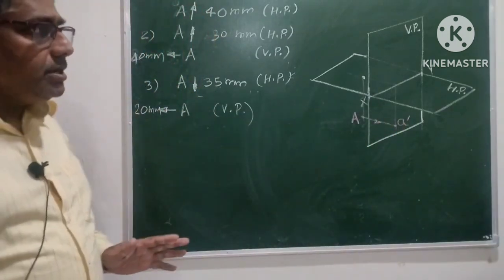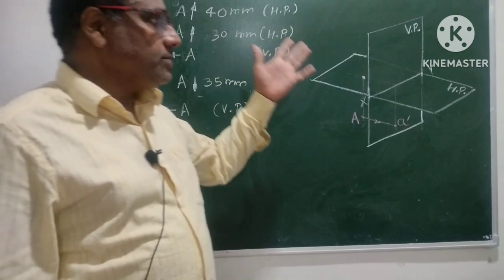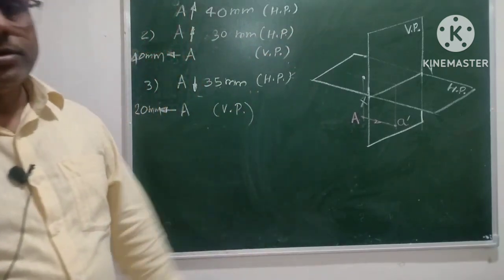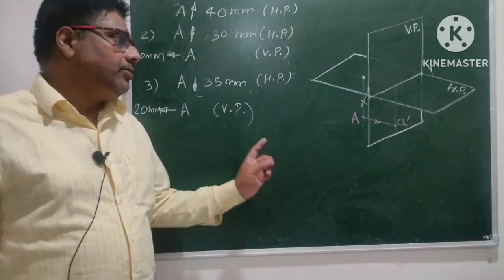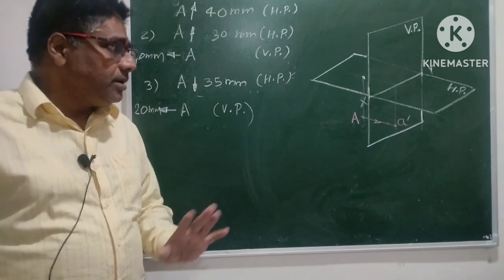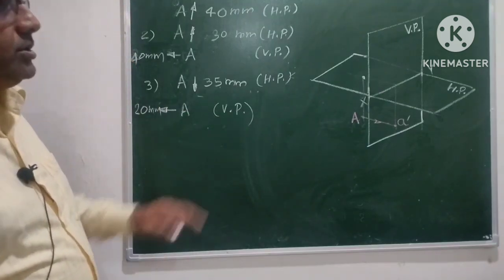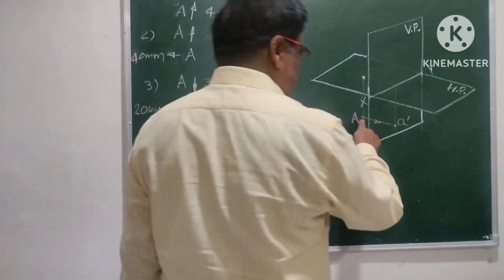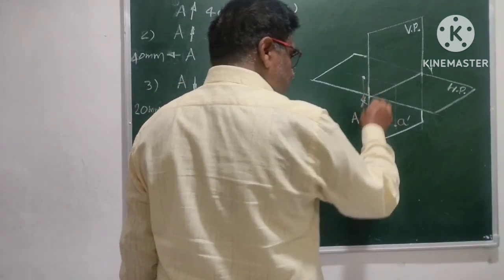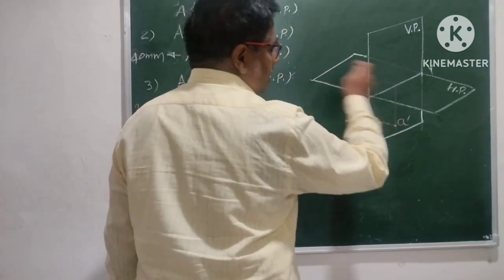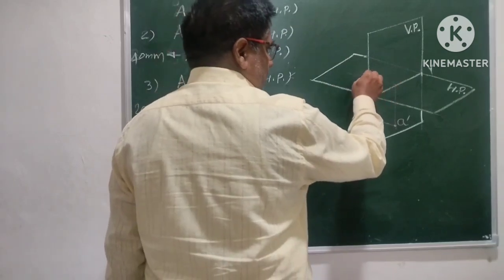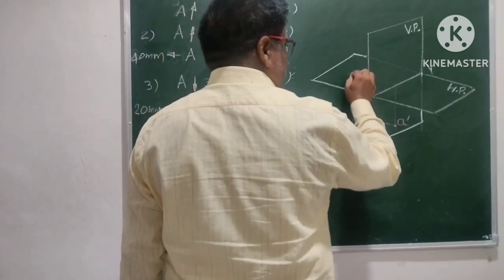For first and second quadrant, the front view will be above xy, and for third and fourth quadrant, the front view will be below xy. Now let's talk about the top view. To get the top view of this point, I have to project this point on the horizontal plane. This will give me the top view.